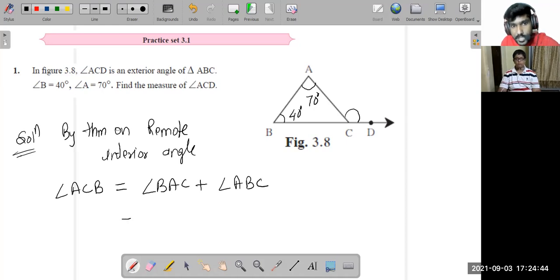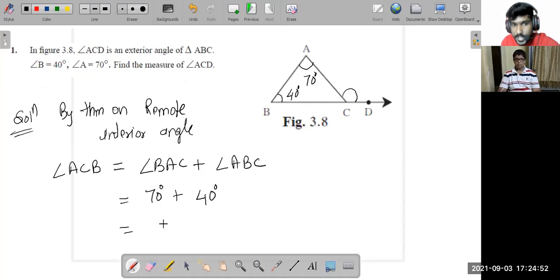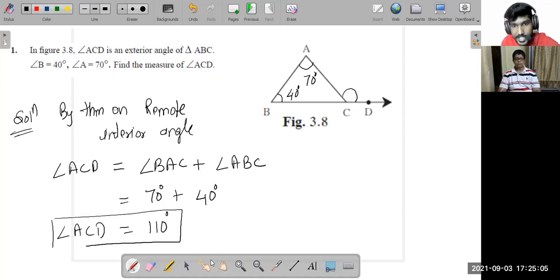So angle BAC is 70 degree and angle ABC is 40 degree. You can write it. So 70 plus 40 is 110 degree. So angle ACD. Okay, sorry, I wrote ACB. Now this has to be ACD. So angle ACD is equal to 110 degree.